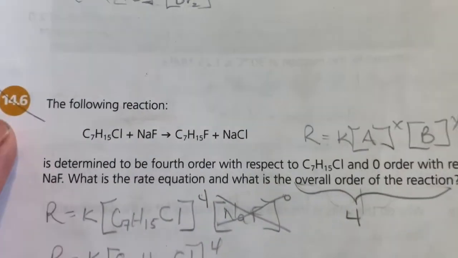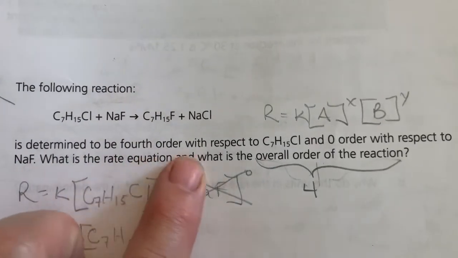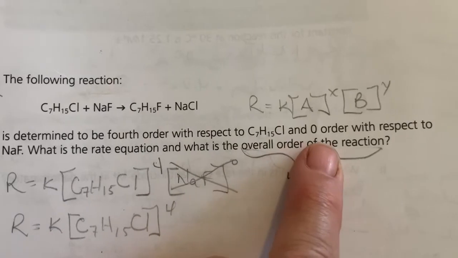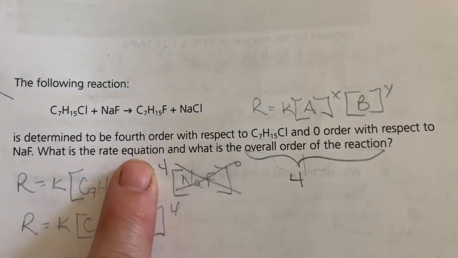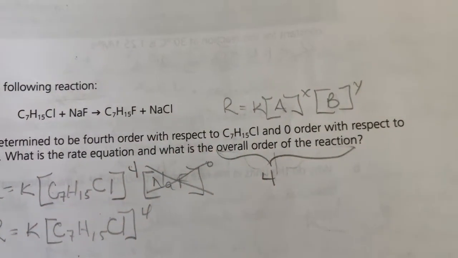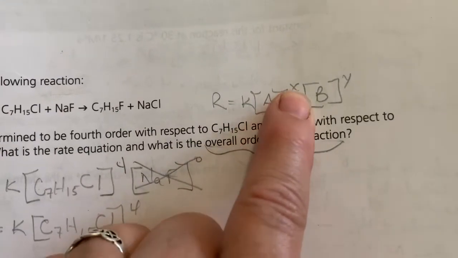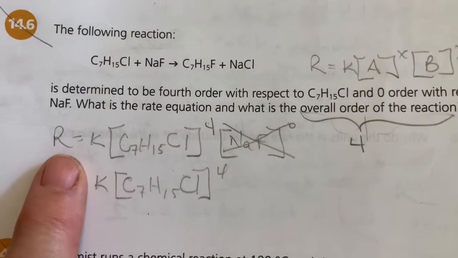Okay, 14.6. The following reaction is determined to be fourth order with respect to C7H15Cl and 0 order with respect to NaF. What is the rate equation and what is the overall order of the reaction? Okay, so we're still using our R equals K, concentration of A to the X, concentration of B to the Y. I'm going to go ahead and fill that in.